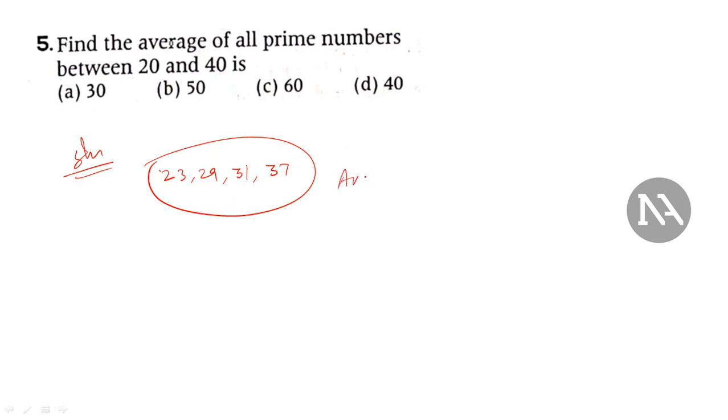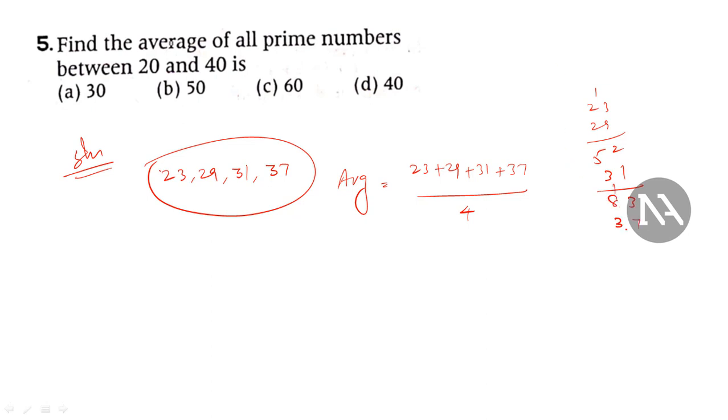So the average is sum of the observations, that is 23 plus 29 plus 31 plus 37 divided by number of observations, which is 4. So 23 plus 29, so it will be 3 plus 9 is 12, carry 1, so 52. 52 plus 31, so it is 83.